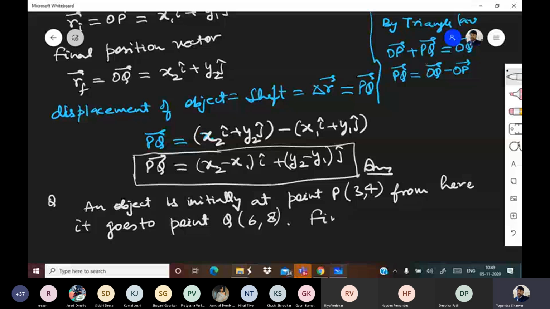Find displacement of object and its magnitude. So you need to find displacement in vector form and its magnitude also. Again, you should not take more than 1 minute.